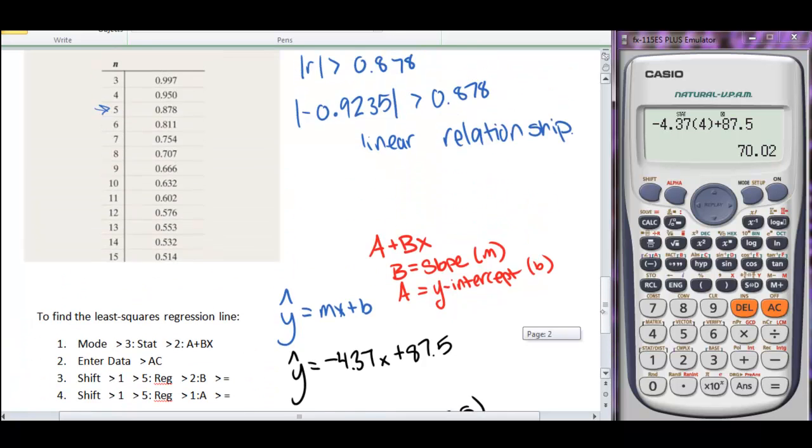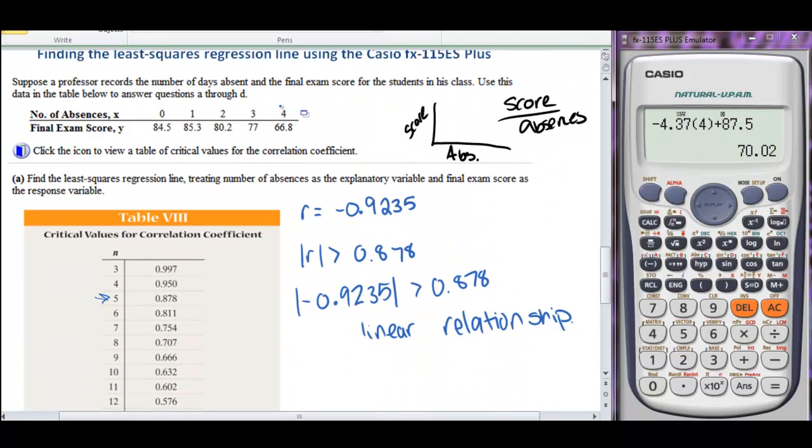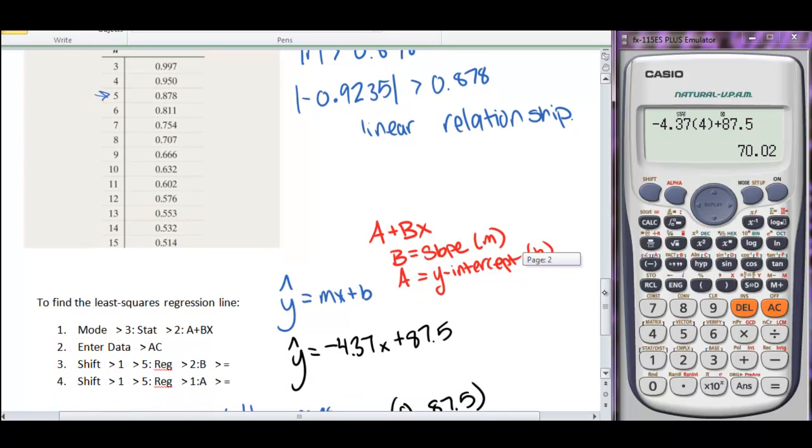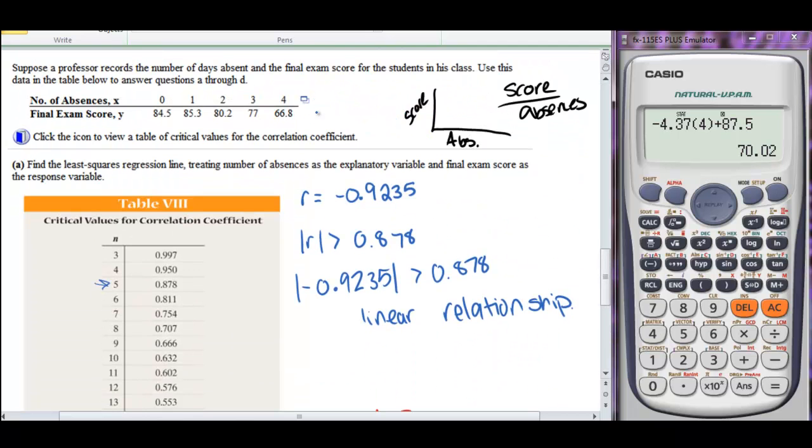But if we come up here, we can see the actual value. So the actual value is 66.8. So we have overestimated the actual value, meaning that our predicted value is higher than this 66.8.